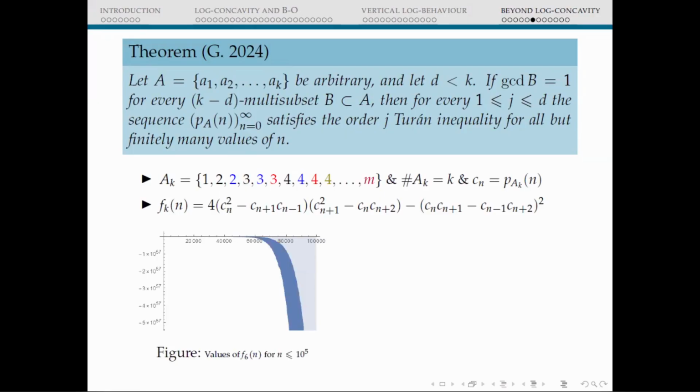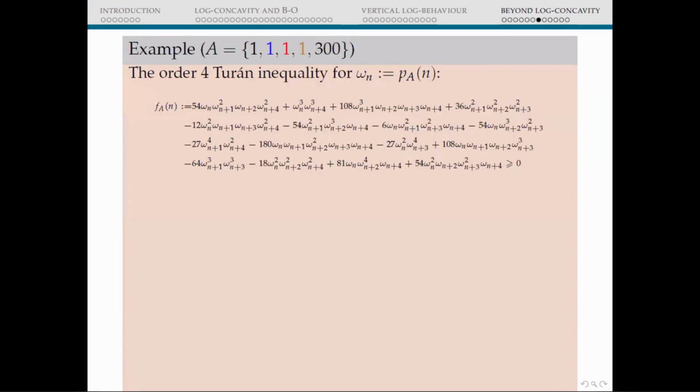So for instance, in our case, if k is at least 7, we obtain the third order Turan inequality for the considered A-partition function. But this theorem is not optimal, in contrast to the previous theorems, namely because we have a counterexample. It is not the best counterexample, but it works.